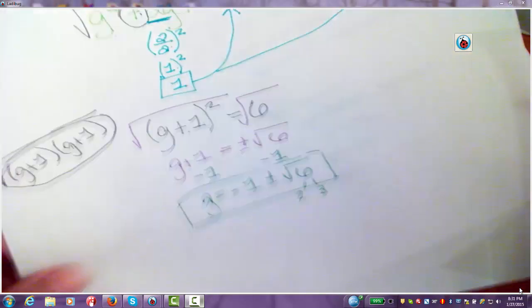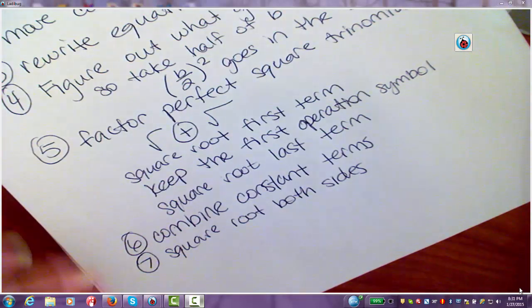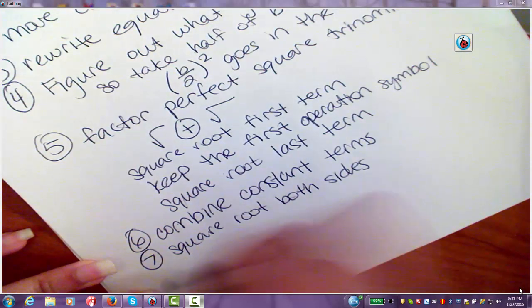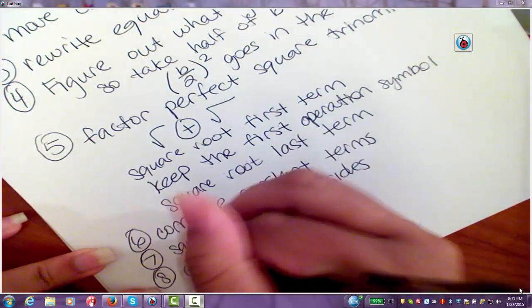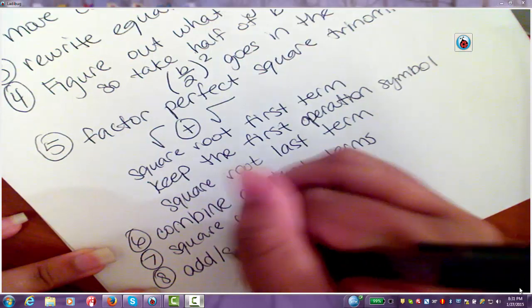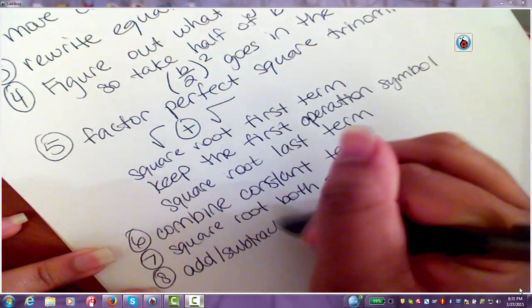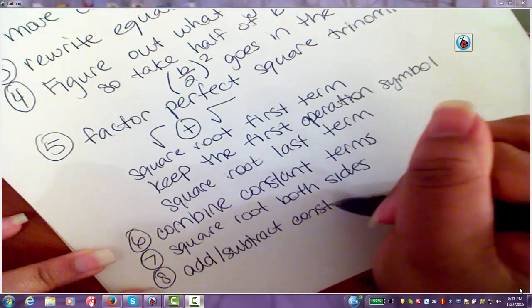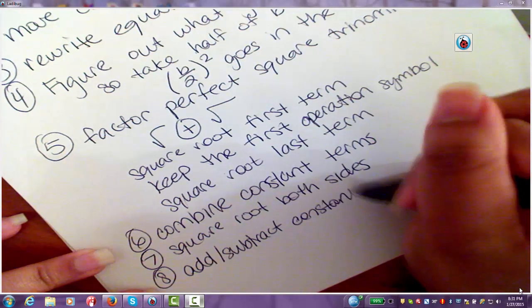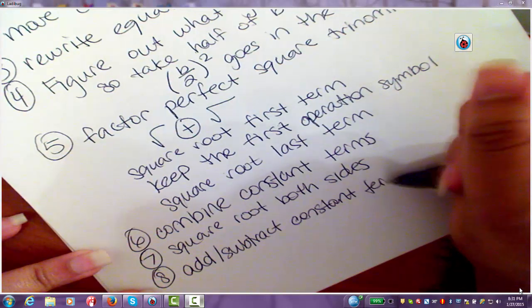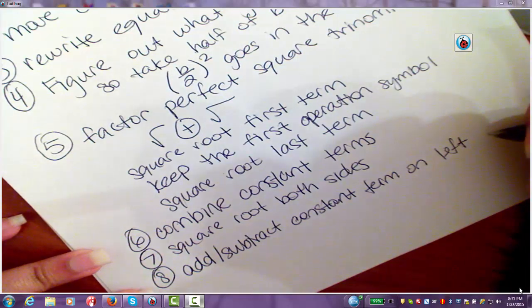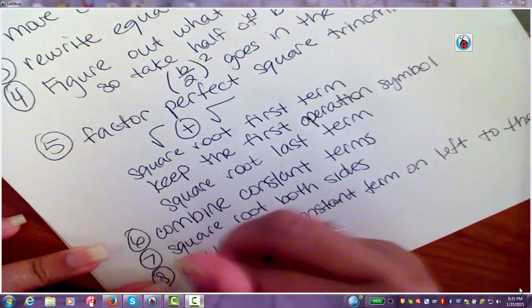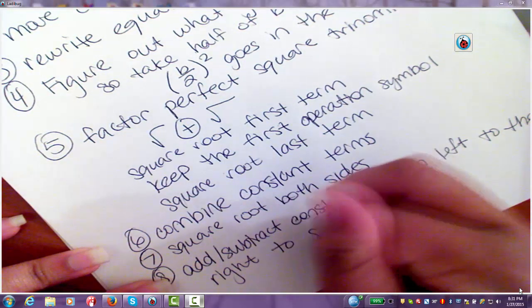And then we add or subtract the constant term on the left to the right to solve for our variable.